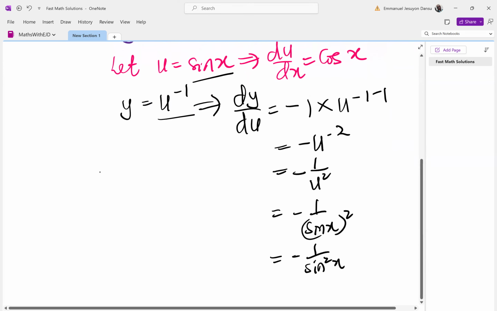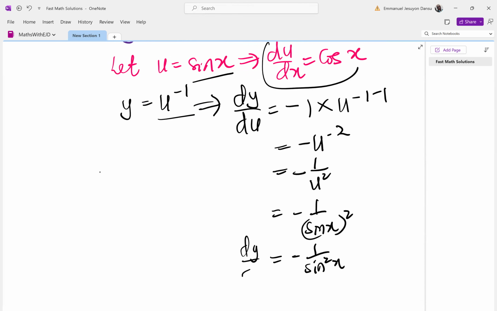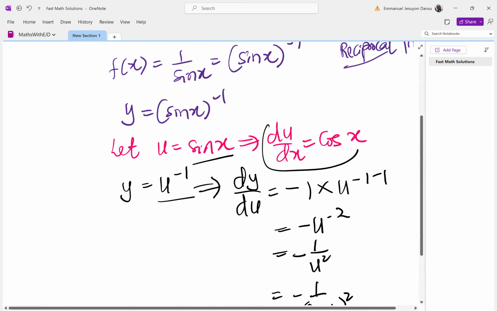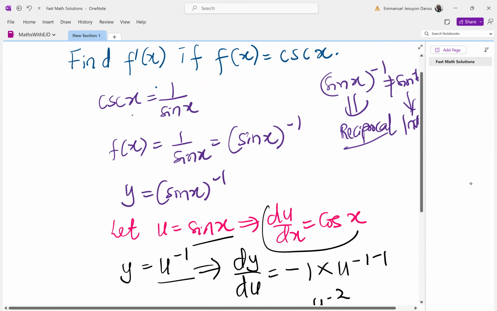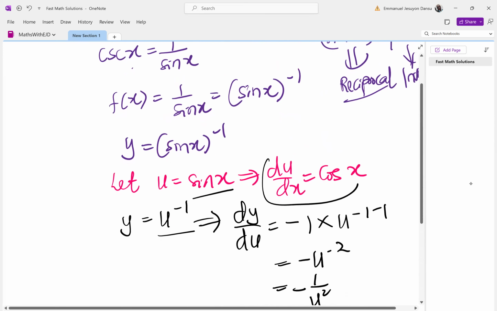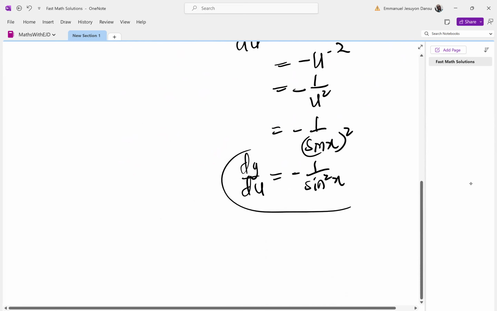So now you have du dx to be cos x, and dy du to be minus 1 over sine squared x. But what you actually need is dy dx, because f prime of x means df dx or dy dx, now that you have called it y.